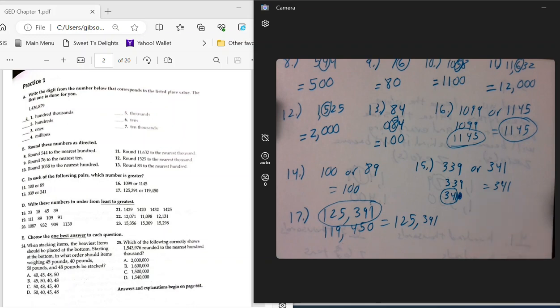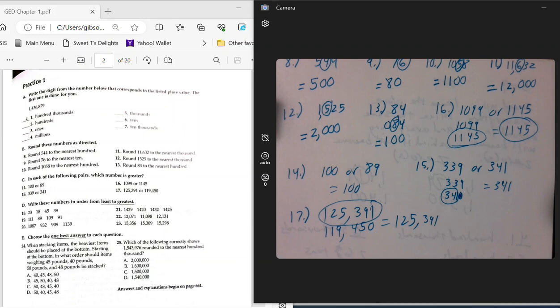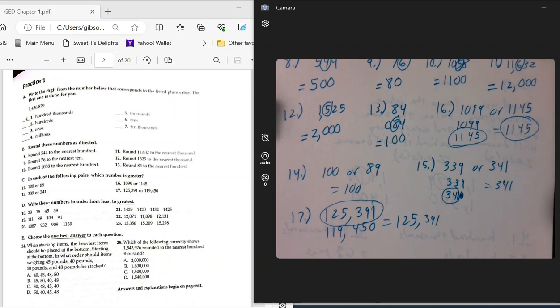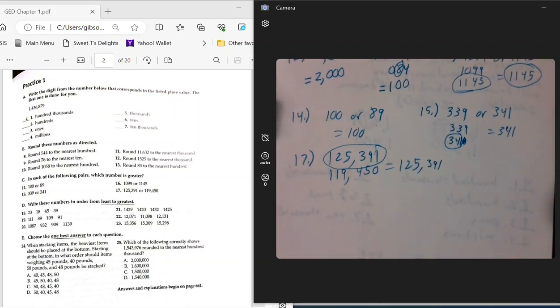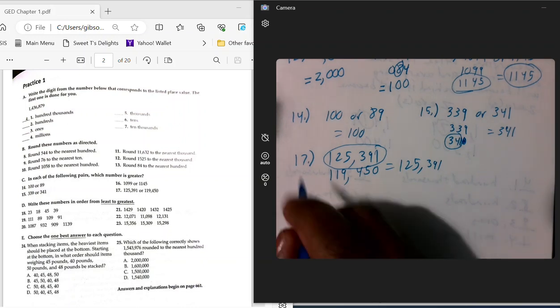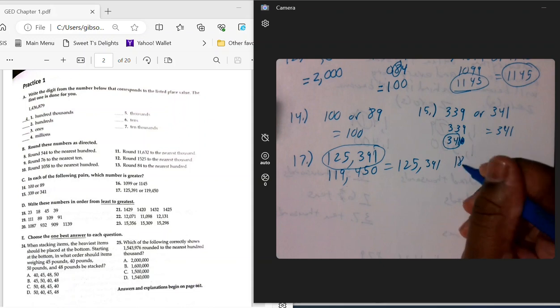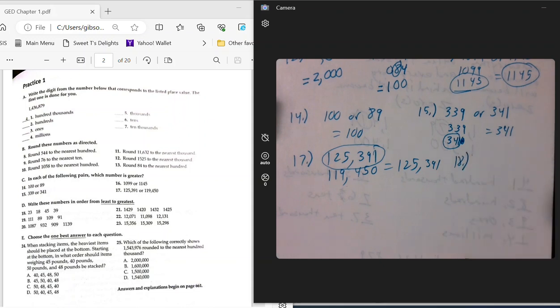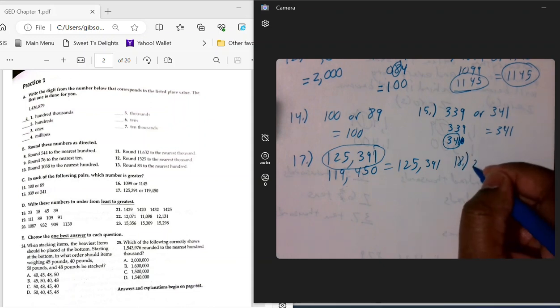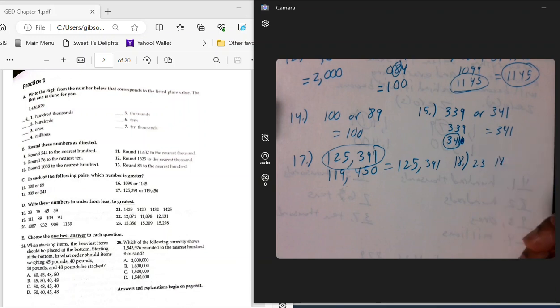Now we go to problem 18. Now with problem 18, it says write these numbers in order from least to greatest. Okay, so this is going to take a little more work, but it's not that bad. So if we look at problem 18, we have 23, 18, 45, and 39.